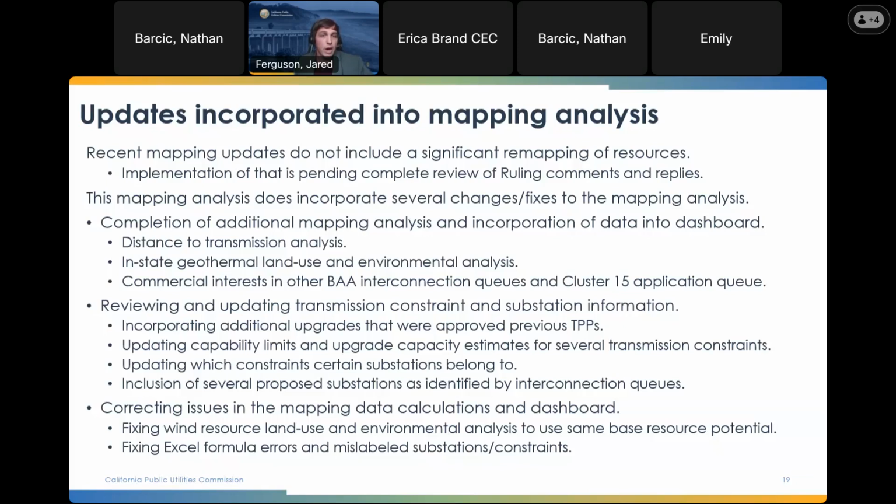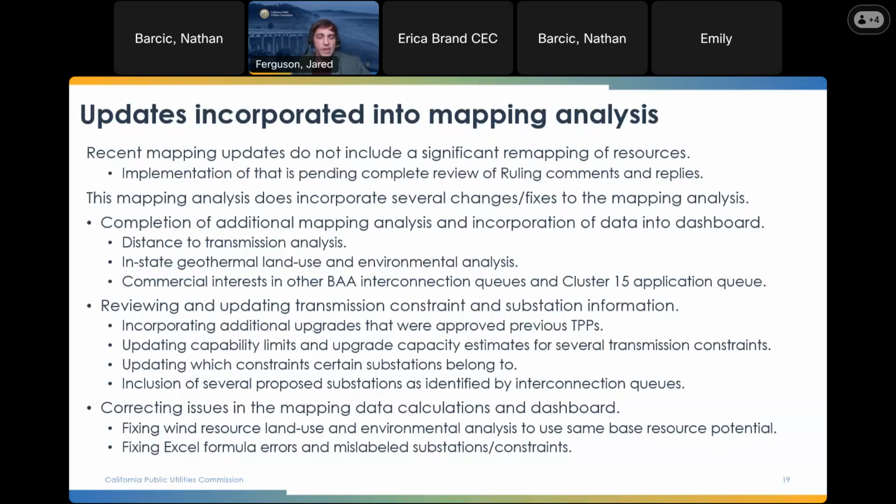We've also updated the interconnection or the commercial interest criteria to factor in commercial interest from other interconnection queues, as well as the cluster 15 application at CPUC as well. We've also been working with ISO staff to review and check the constraint and substation information from the recent 2023 white paper.